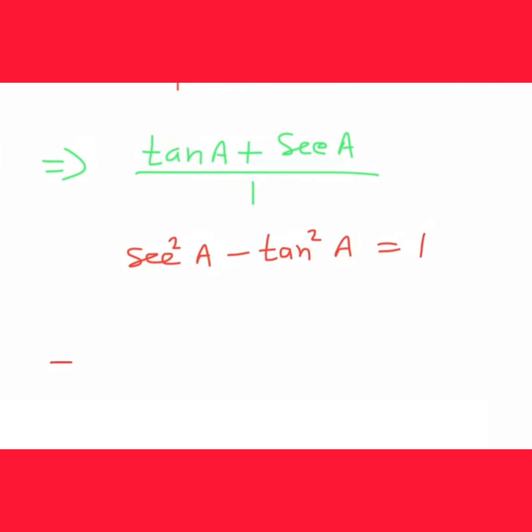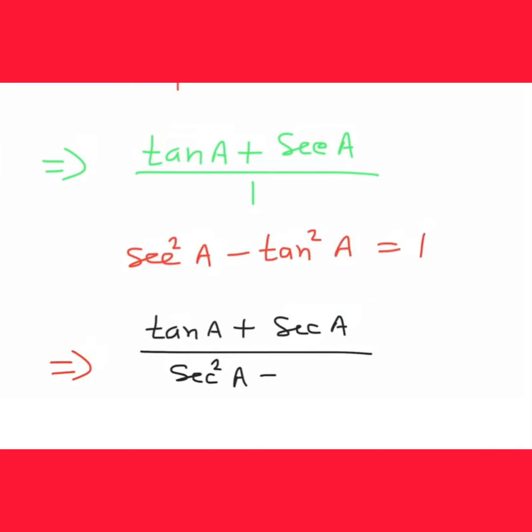So what to do after this step? You will write it just like that: tan A plus sec A, means this is numerator, you will write same to same, and in the place of 1 you will write this expression, that is sec square A minus tan square A.